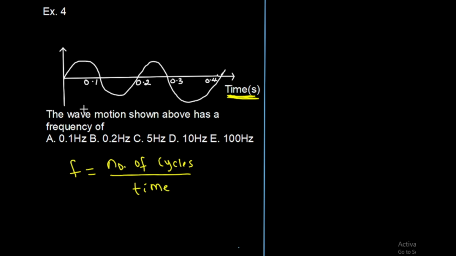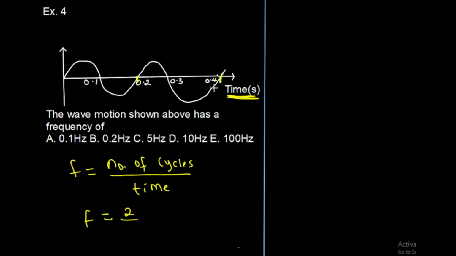Now, how many cycles do we have on this wave, and what is the total time? Now, you discover that we have 1 cycle at this point, and then we have 2 cycles. So our frequency is simply going to be frequency equals number of cycles, which is on this wave we have 2 cycles, divided by what is the time, the total time taken to complete this wave.